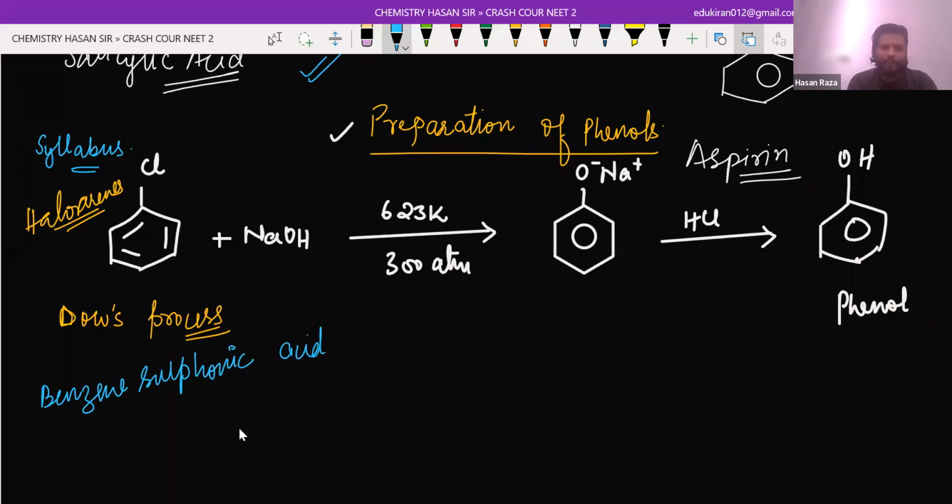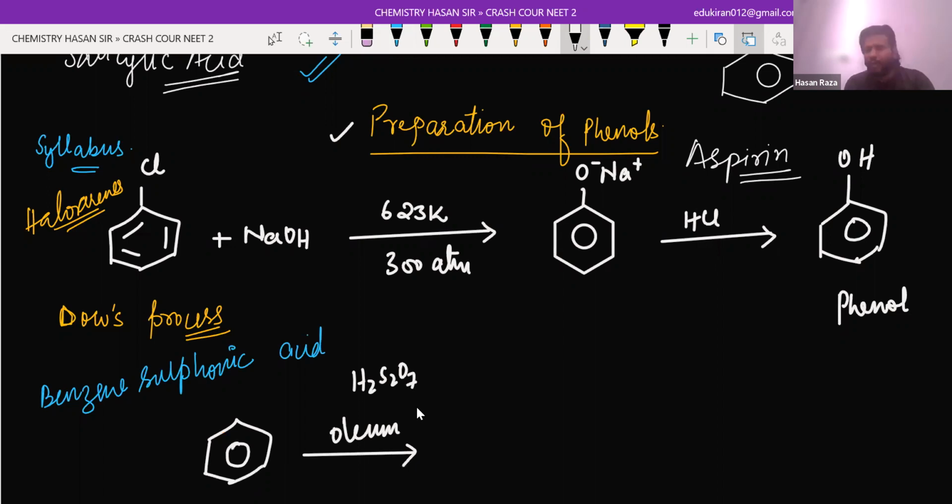First you prepare benzene sulfonic acid from benzene. If you react benzene with oleum, which has the formula H2S2O7, or fused sulfuric acid, you will get benzene sulfonic acid, with SO3H.